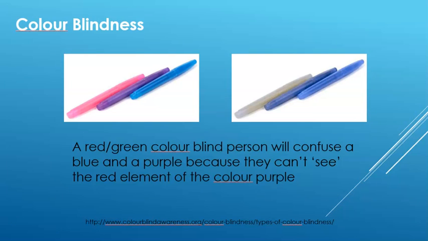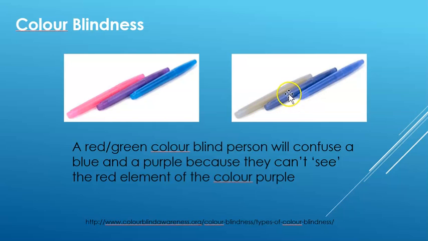Now with color blindness, red-green colorblindness is usually the most common. A red-green blind person will confuse blue and purple because they can't see the red element of the purple. If we look up here, again, we've got red, purple, and blue pens, but a colorblind person may see this image on the right, where you've got kind of a brownish color instead of pink, and then there are two blue pens.